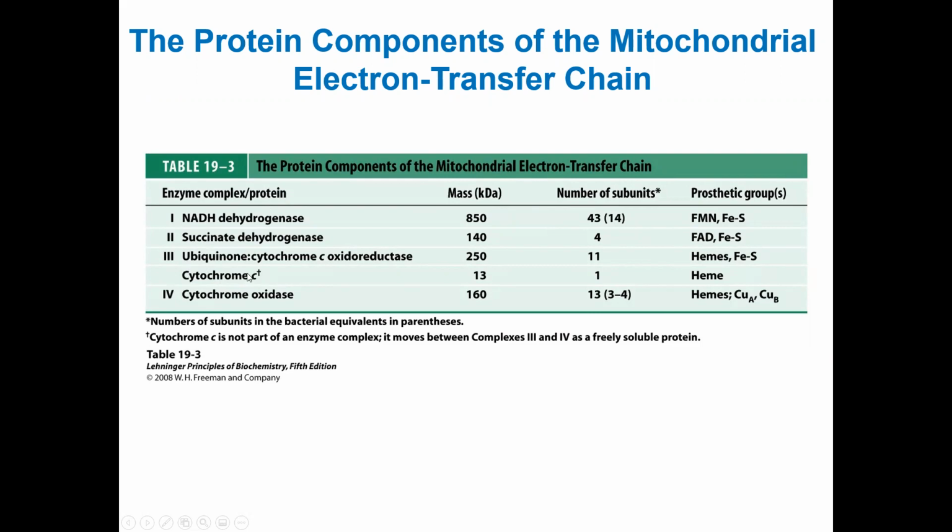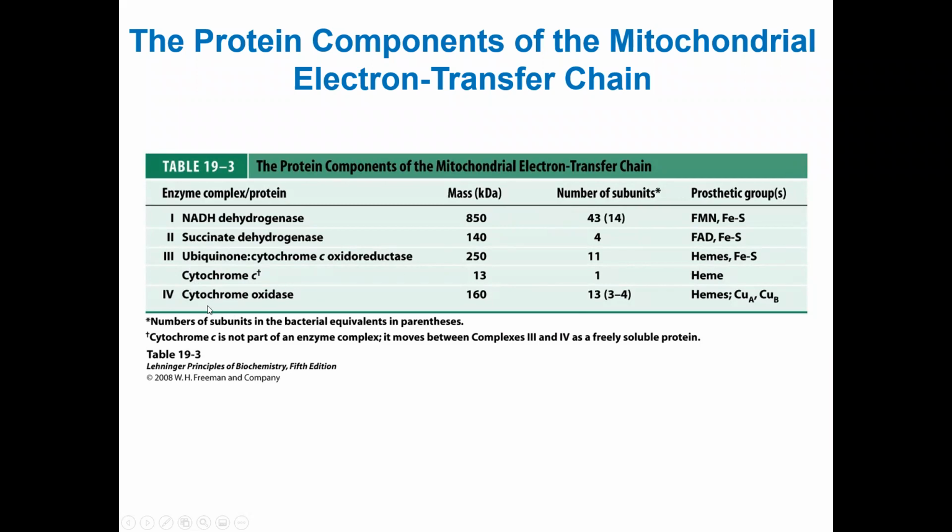Okay, it moves between complex 3 and 4 as a freely soluble protein. And you will see that. Cytochrome C is a small protein of only 13 kilodalton, and it's only one polypeptide unit that has heme as the prosthetic group.